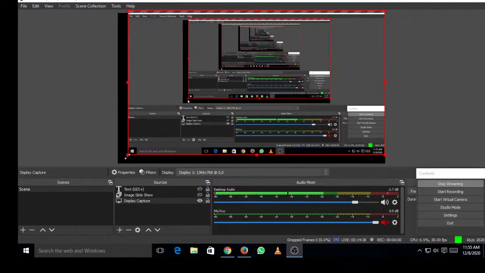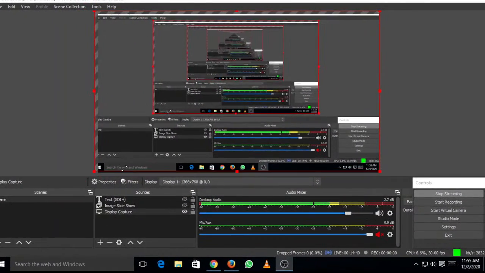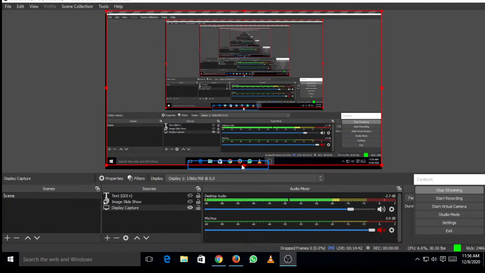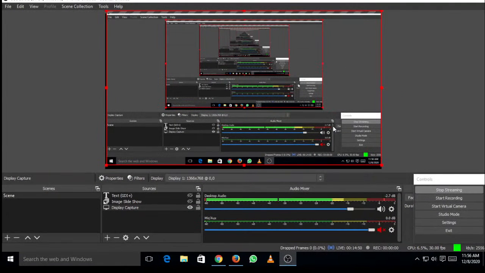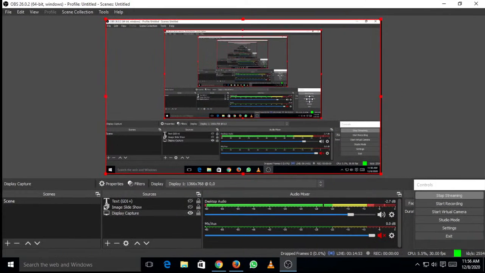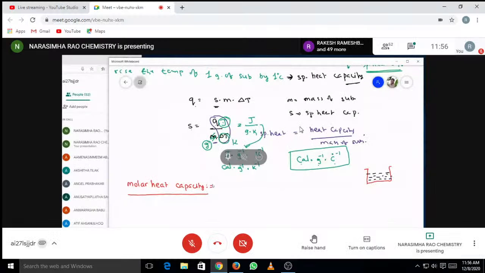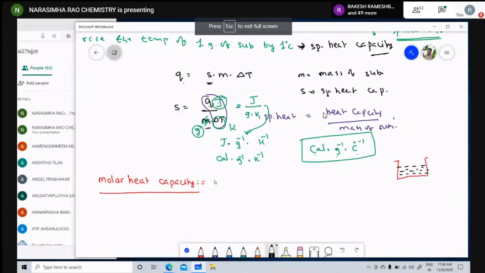Molar heat capacity. Now I am taking, children, 1 mole of water. For heat capacity, mass is irrespective. For specific heat capacity, mass is specified as 1 gram. For molar heat capacity, mass is specified as the molecular weight. Simple definitions.